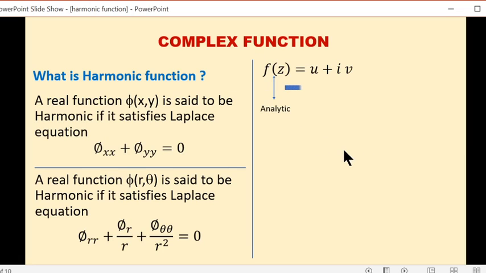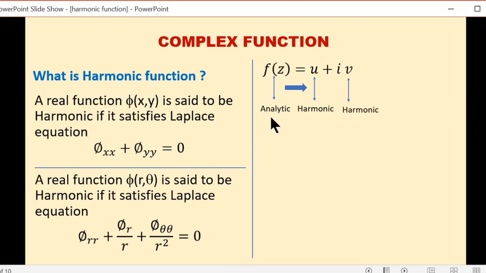So this implies that the real part u is a harmonic function in x and y, or it could be r and theta, depending on which form it is given. What can you say about the function v? Harmonic. So here v is also harmonic.